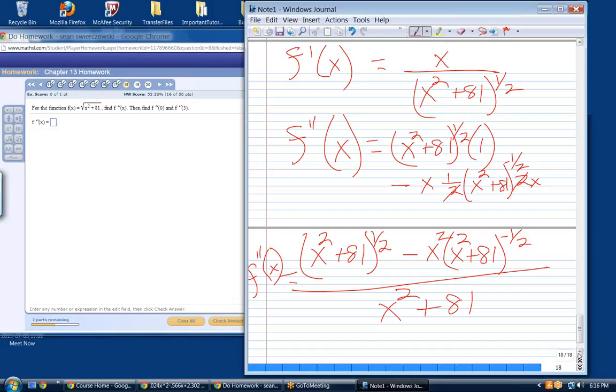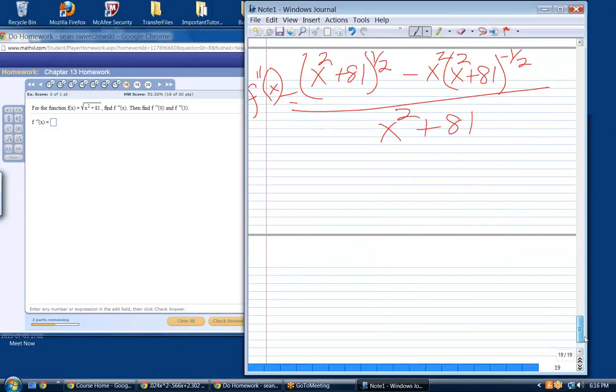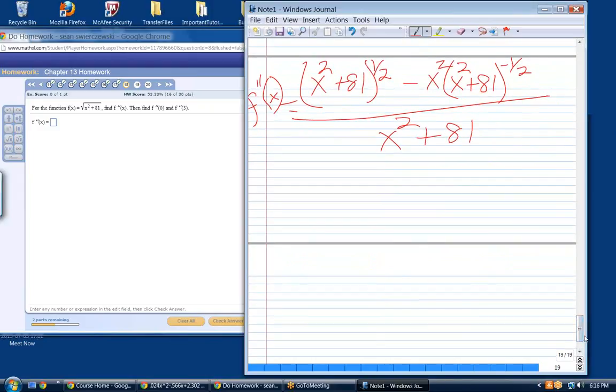Okay. Now, there's always some very sophisticated algebra involved when you're looking at second derivatives. We want to simplify this. Now, it's not obvious, but I can factor out an x squared plus 81 to the negative 1/2 in the numerator. Okay, watch what I do here. What does that leave behind?